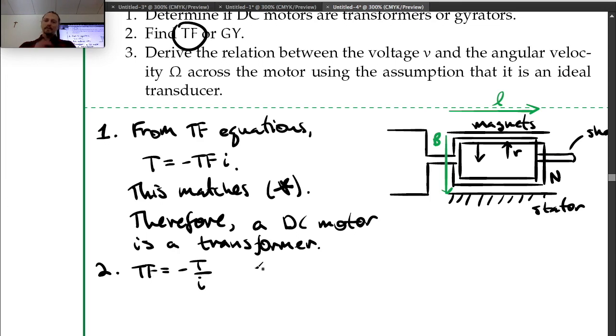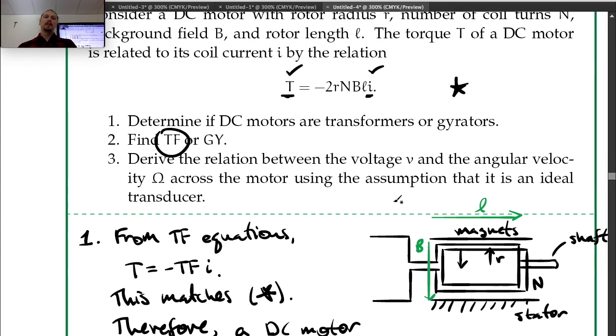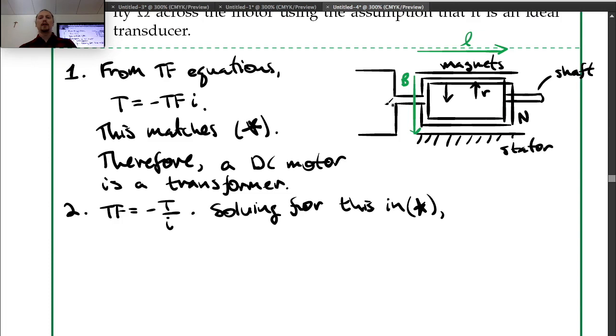Solving for this in the star equation, T over I is just equal to negative 2R NBL, right? So negative T over I is just 2R NBL.